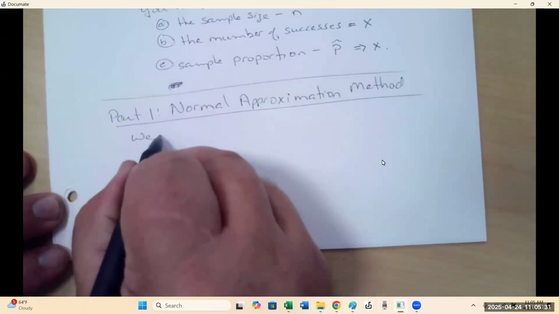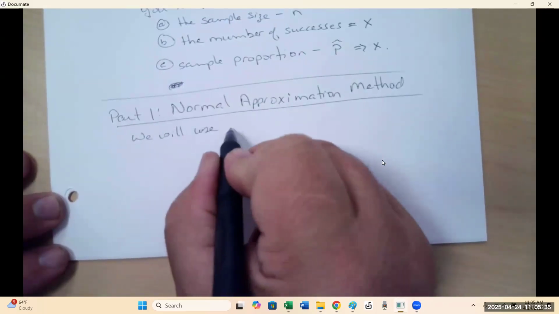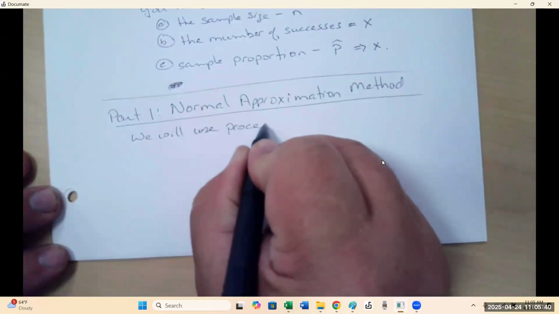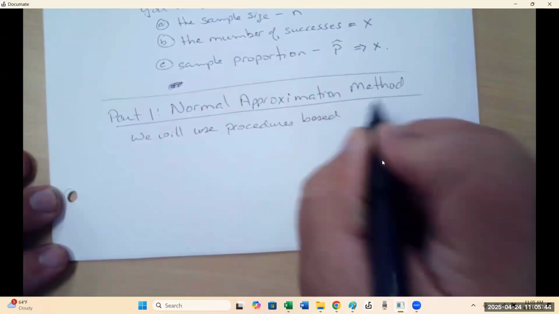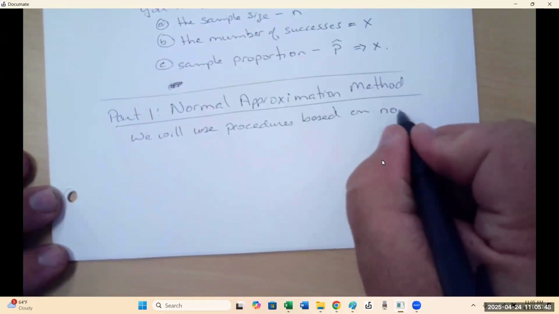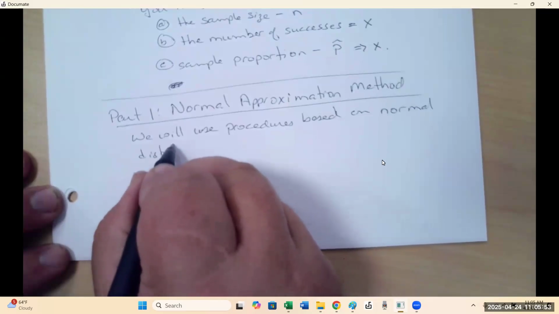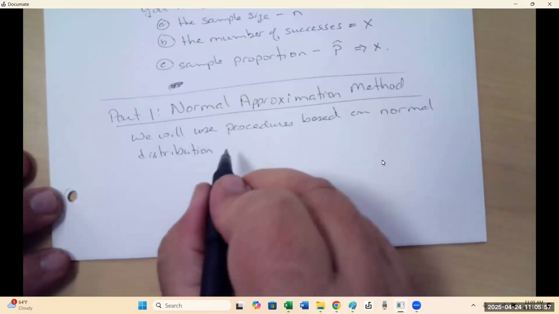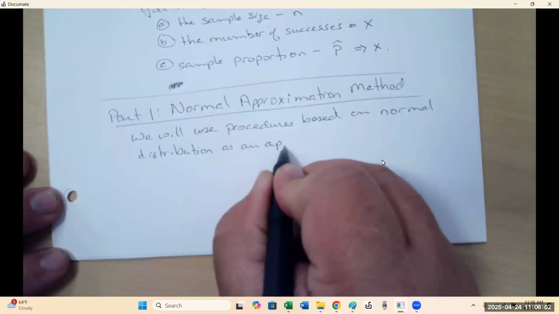So we're going to use procedures based on the normal distribution as our approximation.